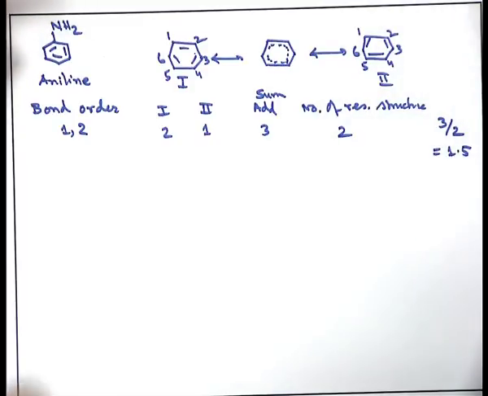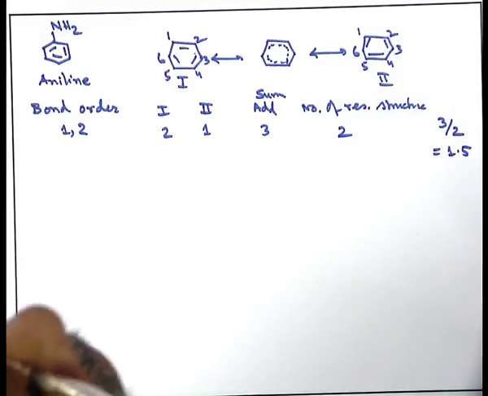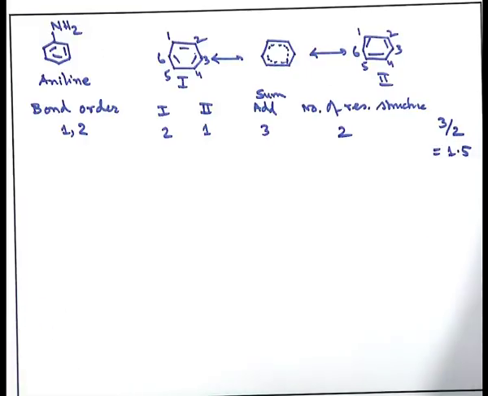So it comes to 1.5. So, what is the general bond order of a benzene ring where there is no substitution? The answer is 1.5. How? Because take any position, not only 1-2, you can calculate for 2-3, 3-4, 4-5, 5-6 or 6-1. You will find alternate double and single bonds.